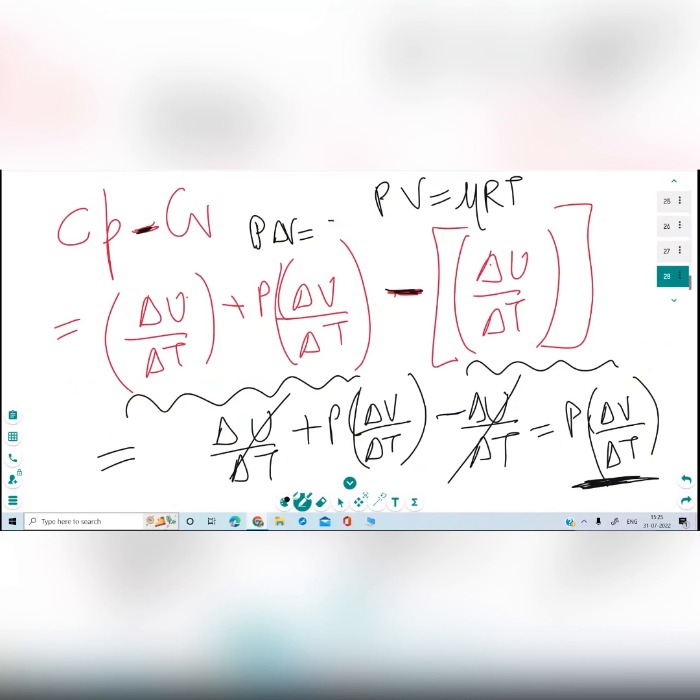Instead of U, can I write n? Yes, you can. Del T, and then R is what? P del V by del T, which is equal to R. If you take this down, it is exactly the same, which is equal to R. That means hence proved.